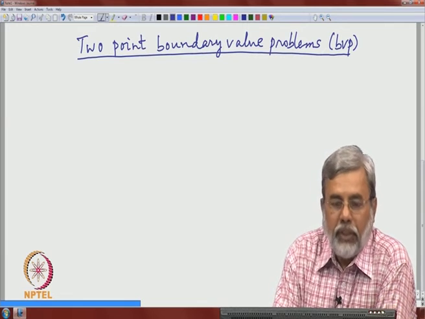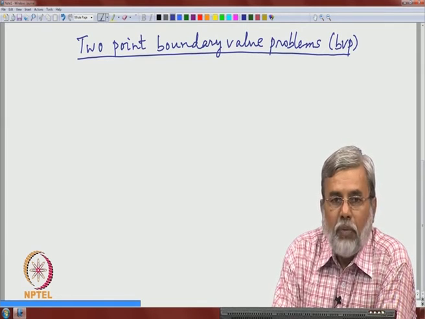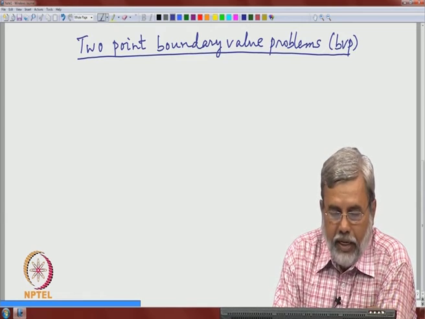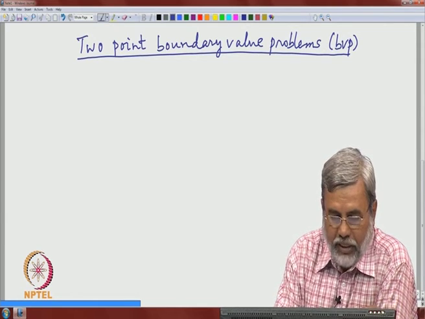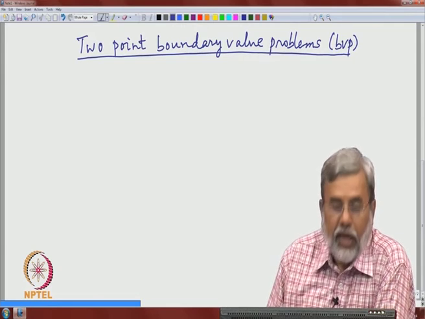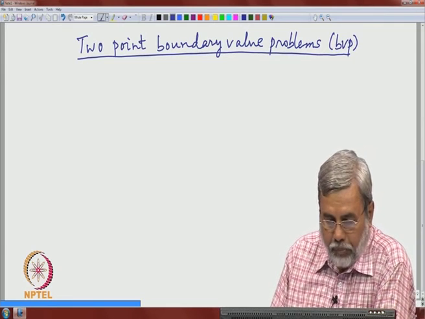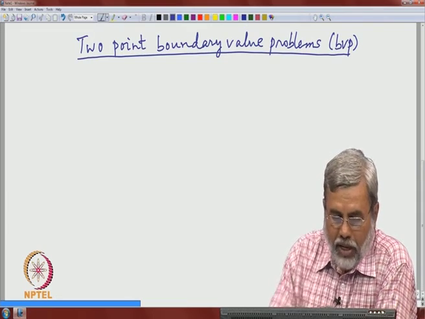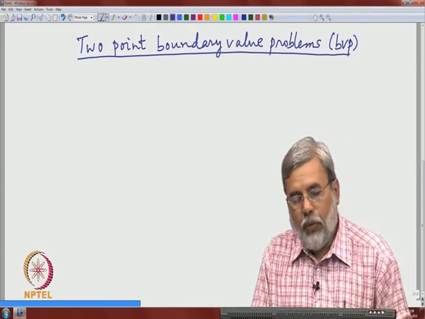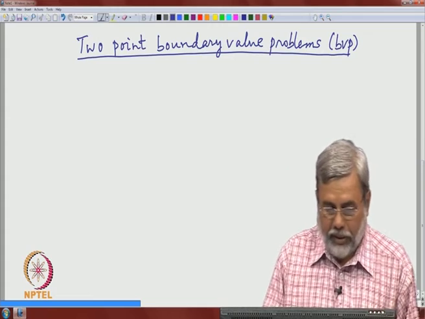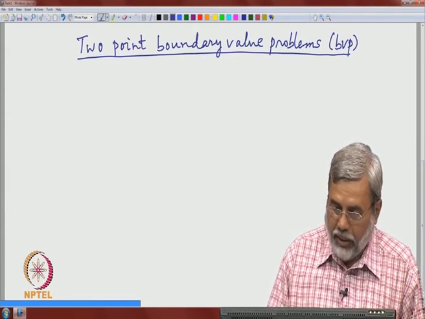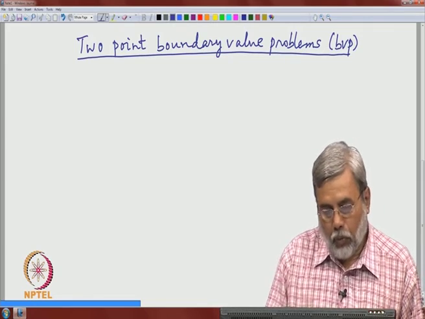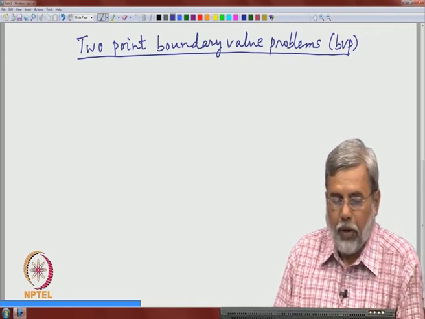In contrast with initial value problems which we have already studied, where the data on the unknown function governing a differential equation are given at just one point, when the data is given at more than one point, it is referred to as 2-point or more point boundary value problems.